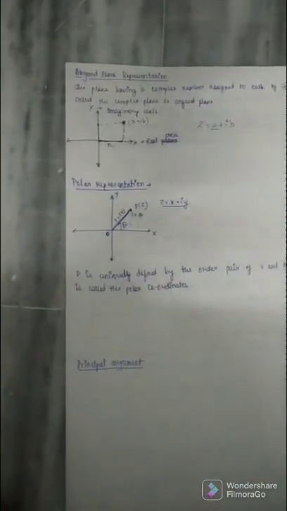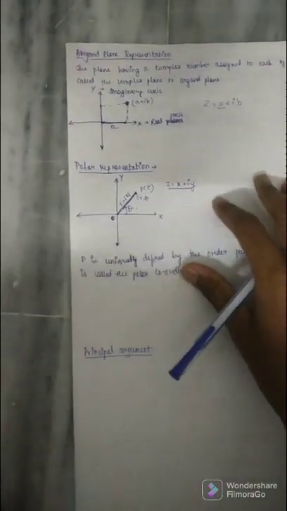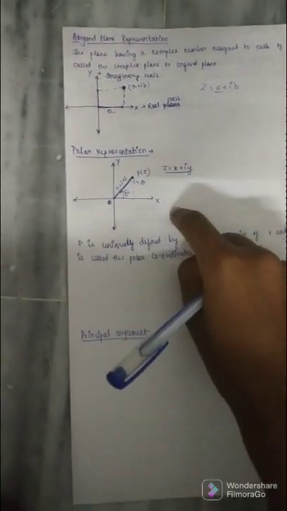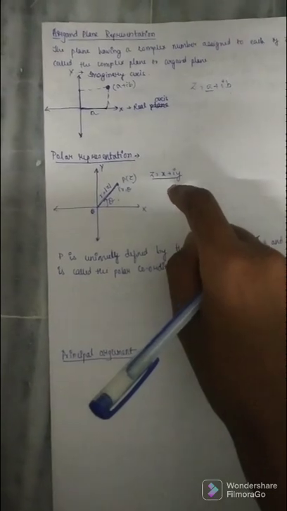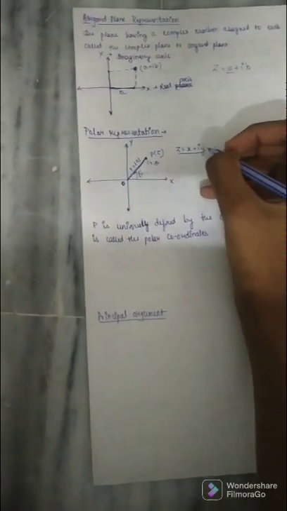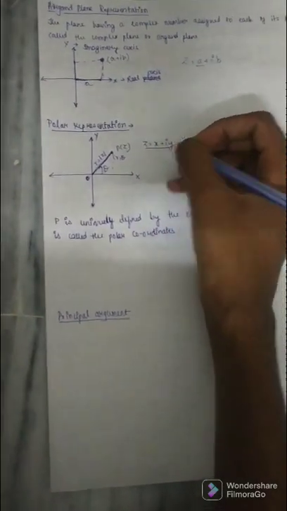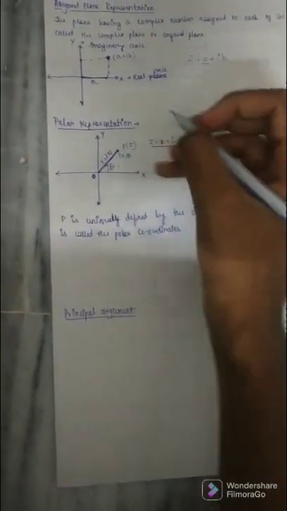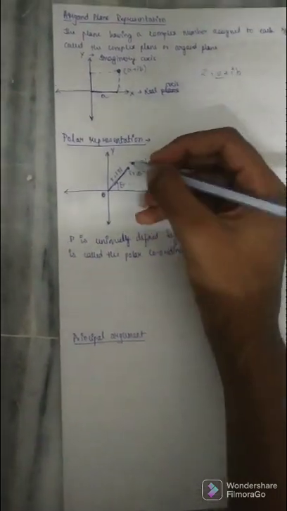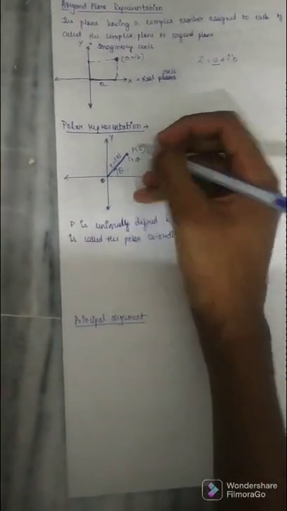Now the next topic is polar representation of a complex number. Suppose we consider a complex number z equal to x plus iy. We plot the complex number in an Argand plane, as you can see.